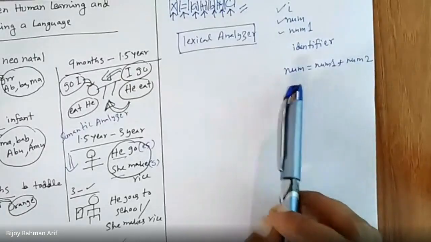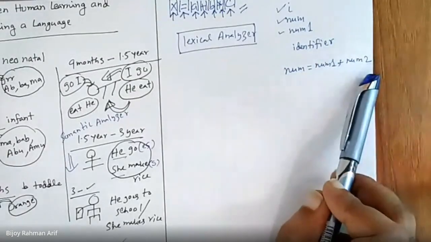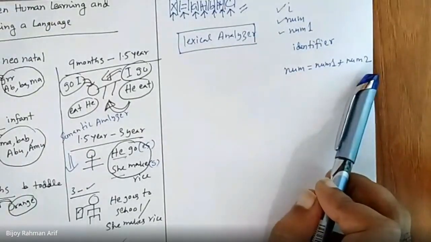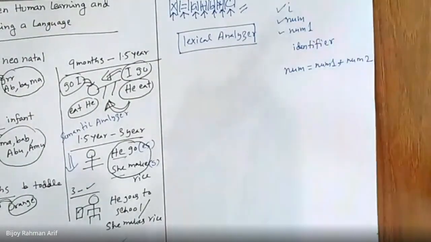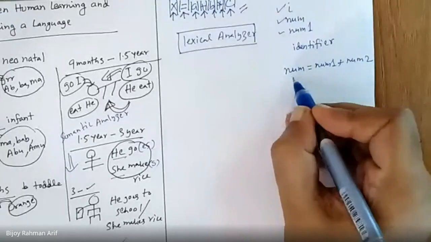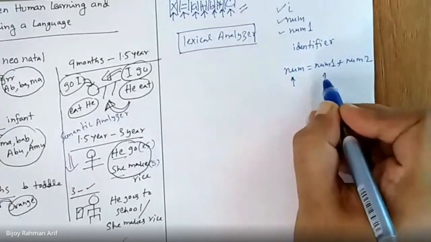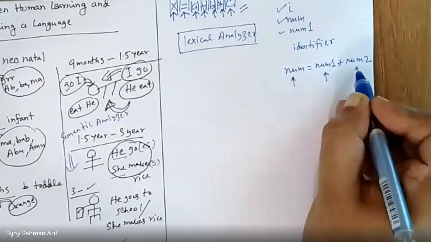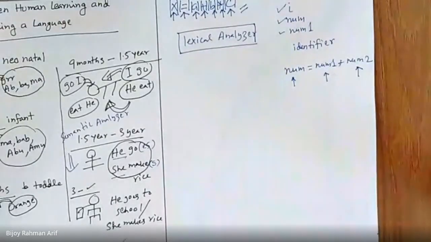So let's take this expression. You always write this expression: num equal to num1 plus num2. Here num is also a variable name, num1 is a variable name, and num2 is a variable name. So grouping together these units is called tokenization. Is it clear to you? Okay.